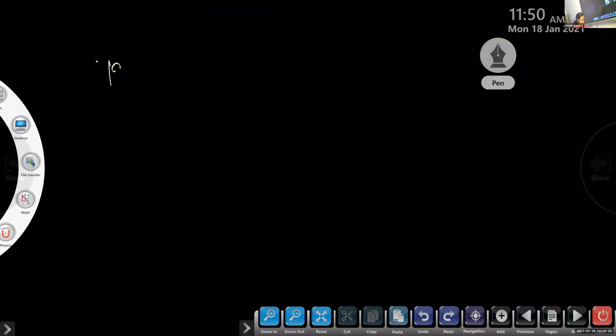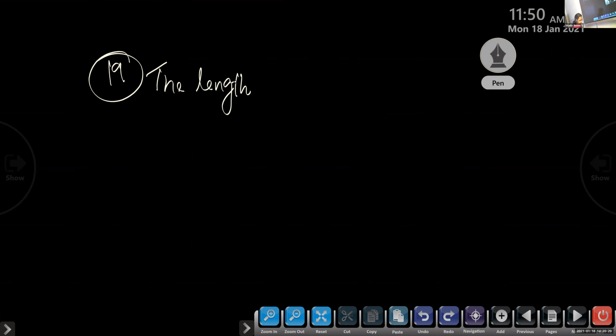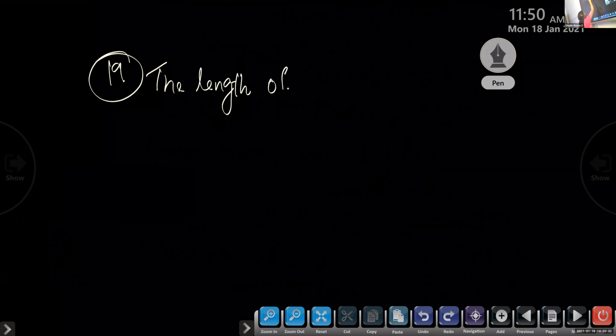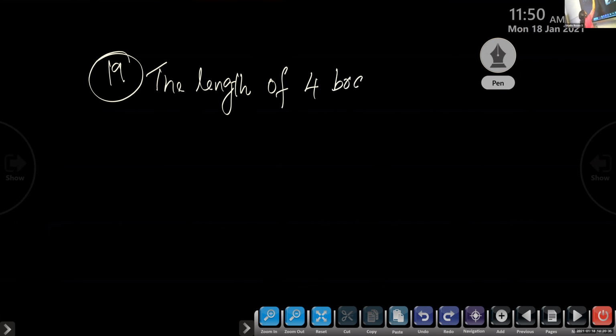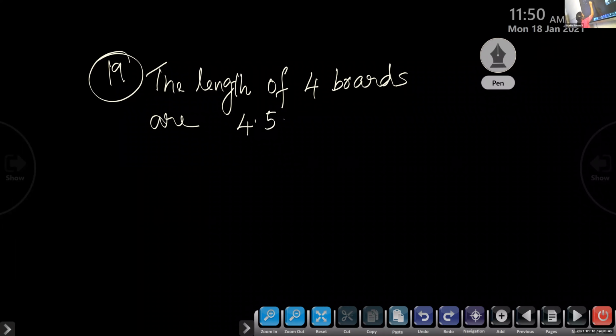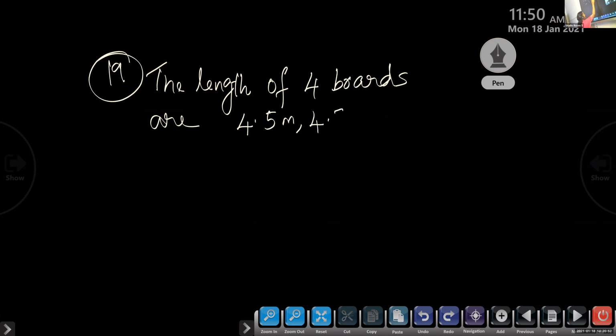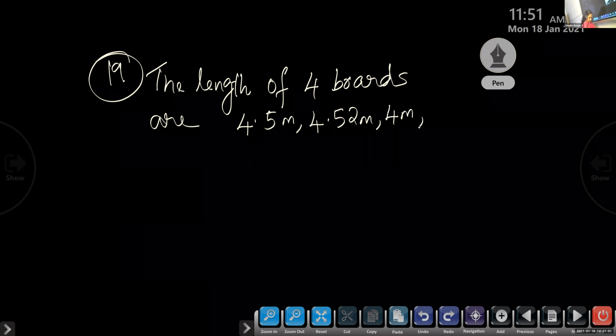Question number 19. The lengths of 4 boards. We can write the length of 4 boards. The length of 4 boards are 4.5 meter, 4.52 meter, 4 meter, then 4.505 meter.